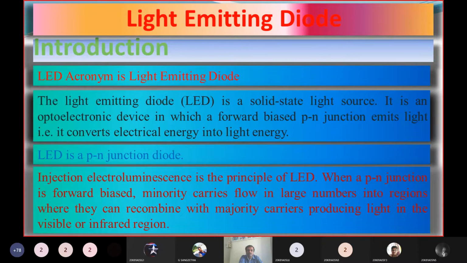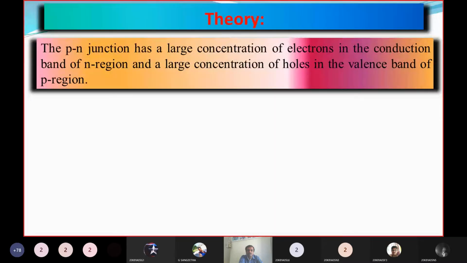In a PN junction diode, there is a large concentration of electrons in the conduction band of the N region, and similarly a large concentration of holes in the valence band of the P region.